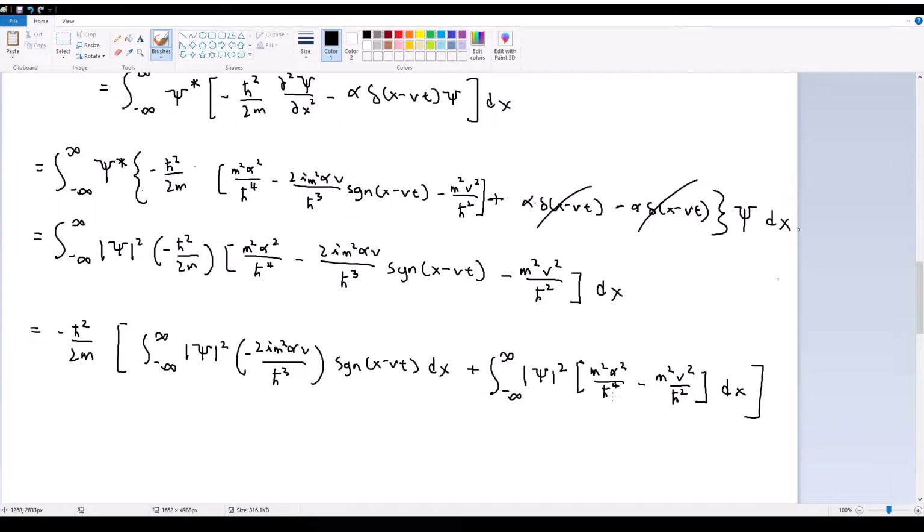At this point, I can recognize that this is pretty much just a constant. There's no x term, so I can just pull it straight out. Same thing over here.